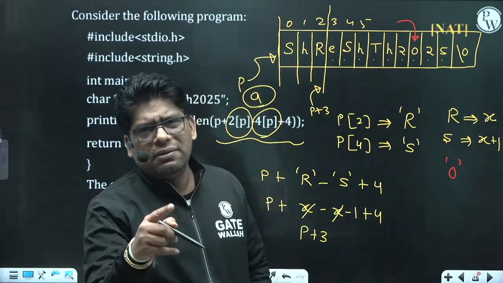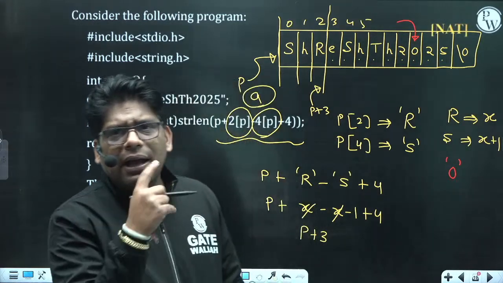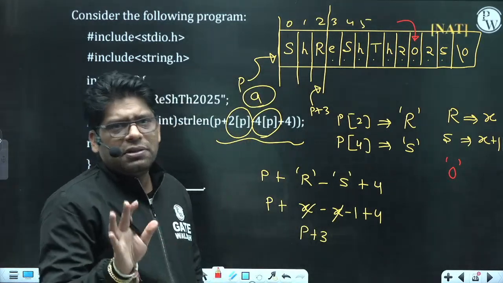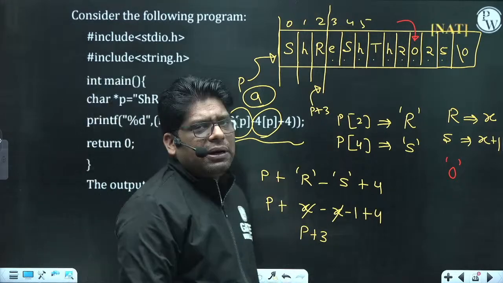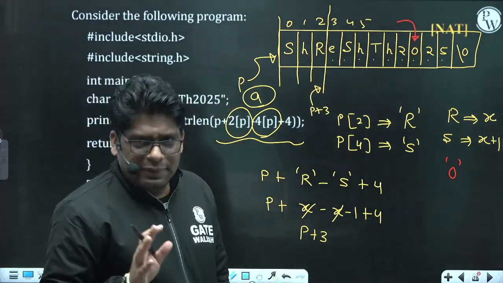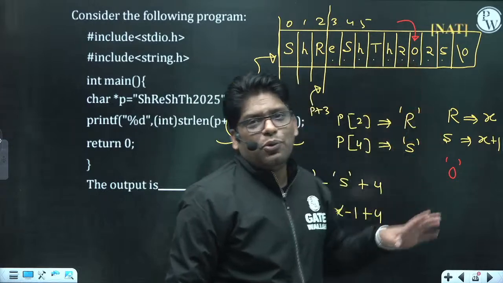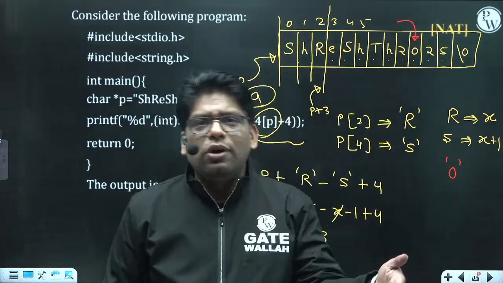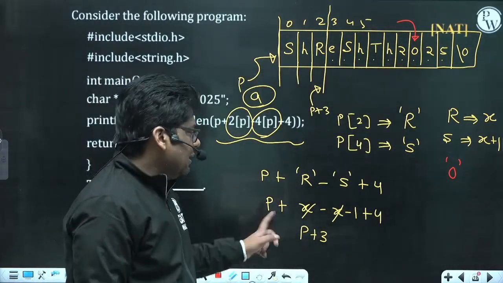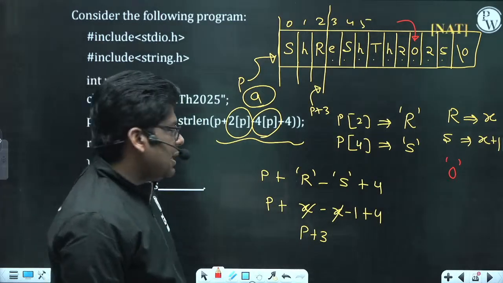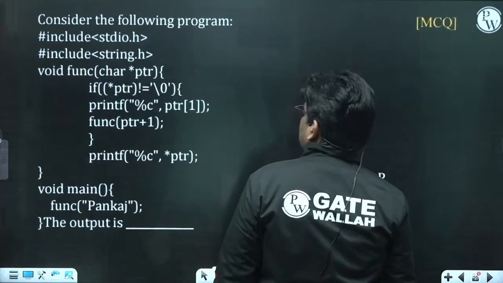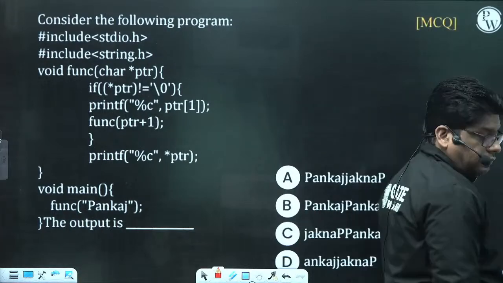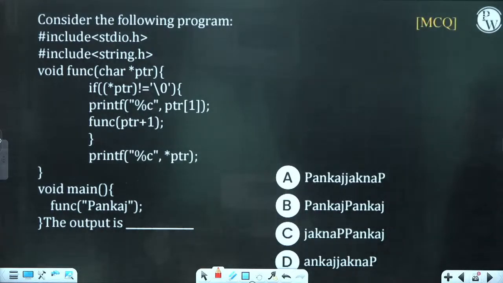I hope 48 is right, please forgive me if I didn't remember it correctly, but damn sure this is not 0. The ASCII code value of character 0 is not 0. So the answer is not 7. The answer is 9. Let's try to solve this question.